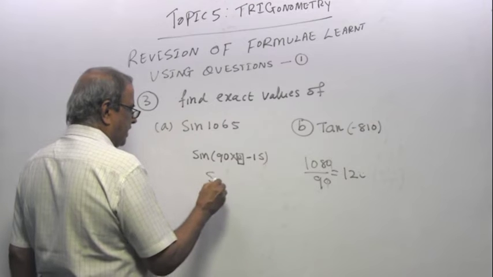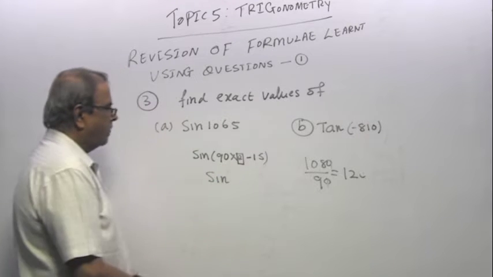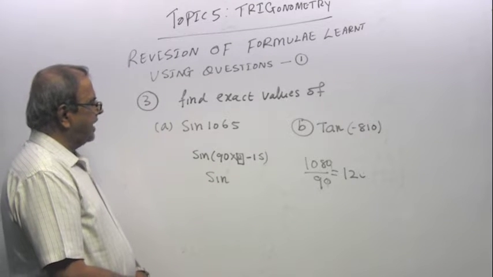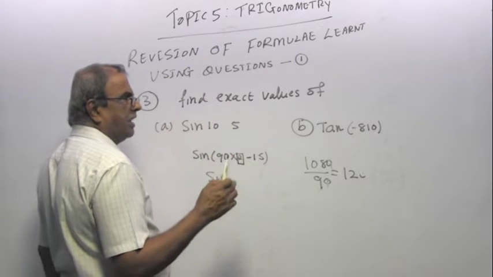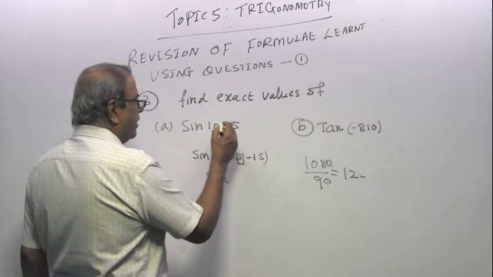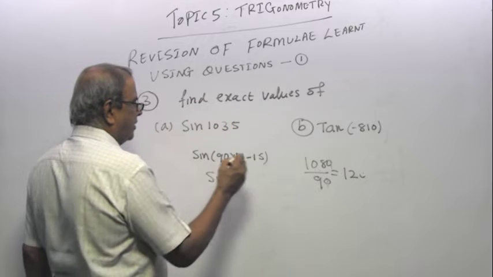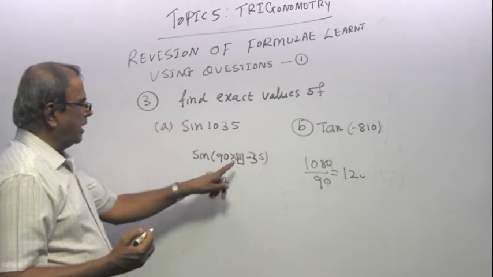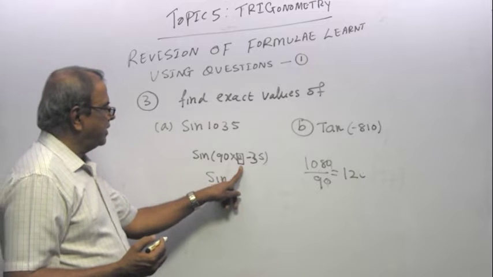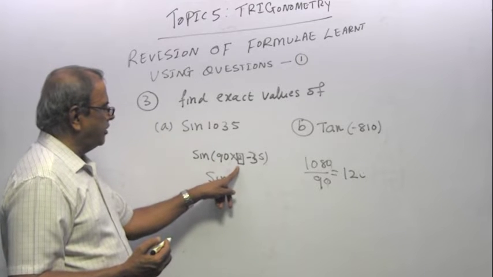So sine remains sine. And then I think I should make it 1080 minus 45, 1035. Because I want exact value. So 12 is an even number. 90 times 12 is 1080.